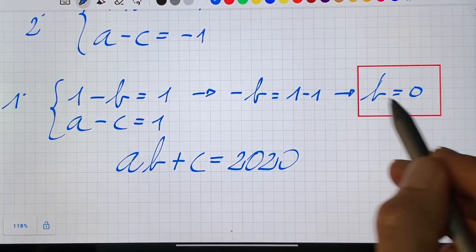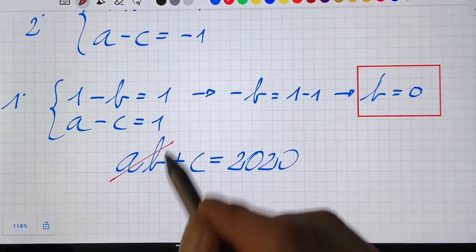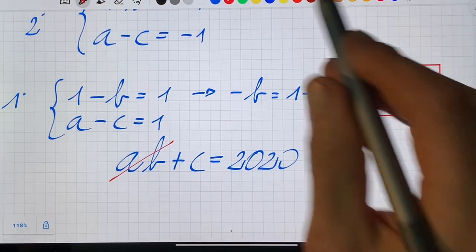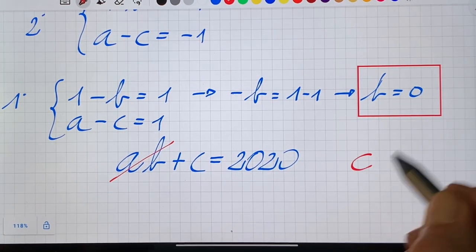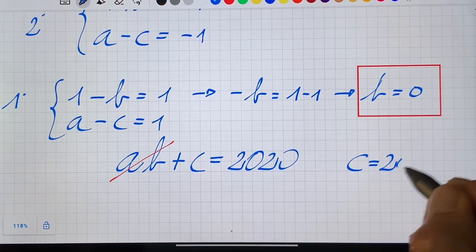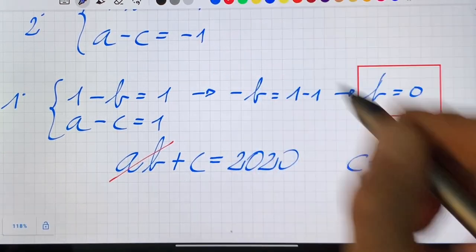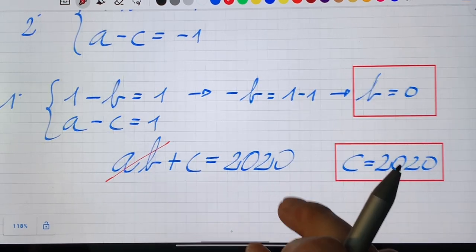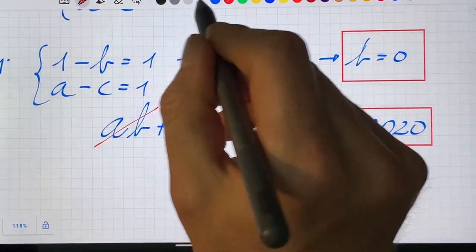But given b is equal to 0, we get c is equal to 2020. So this is c in the first case. And then we will find a.